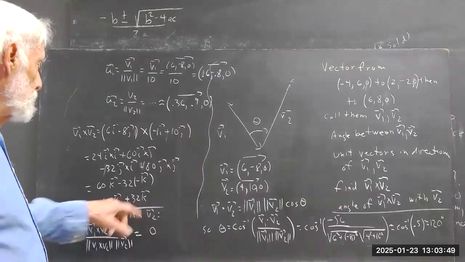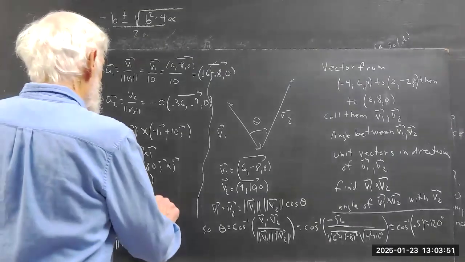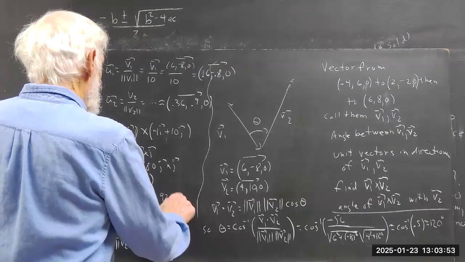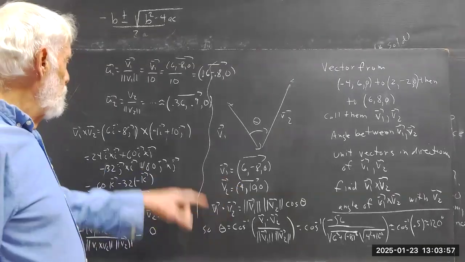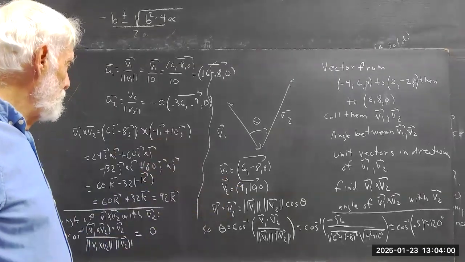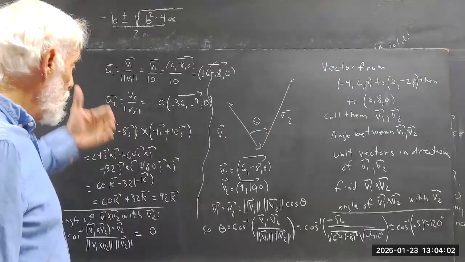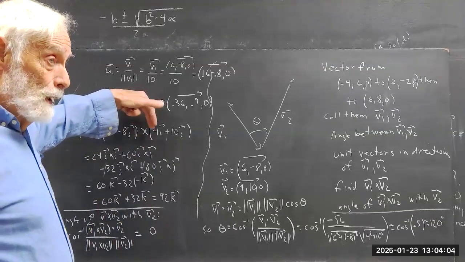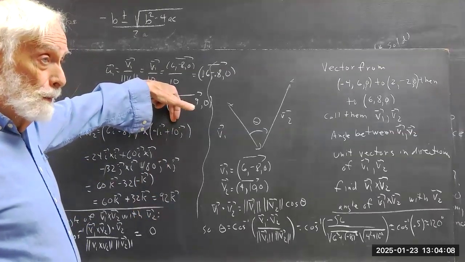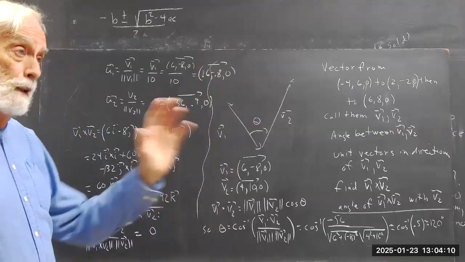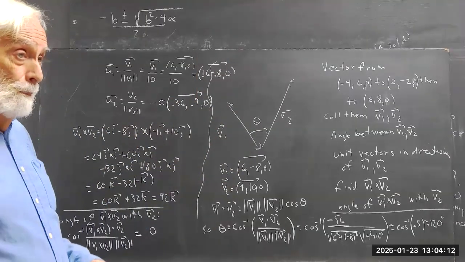V1 cross V2 is just a multiple of k. If I dot 92k with 4i plus 10j, I don't have an i component to match up with this i component. I don't have a j component here to match up with this j component. The dot product is 0, and that should be totally obvious, okay?